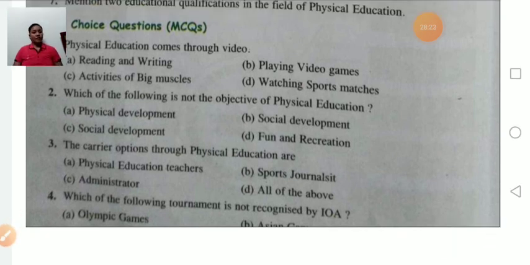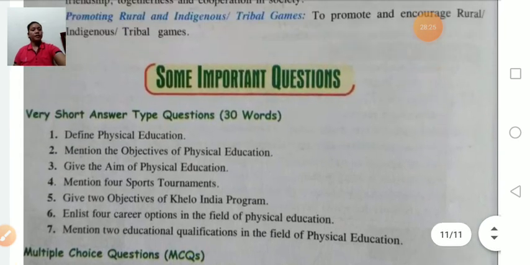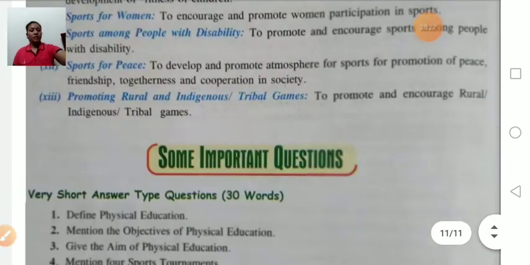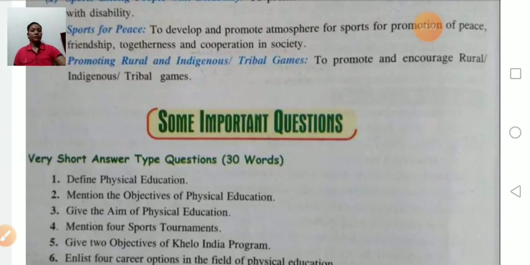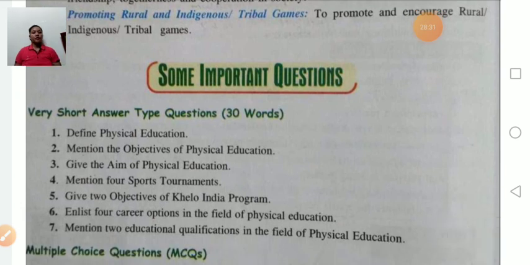Physical education means education through physical activity. Physical means any body movement or body actions. Education means knowledge, gaining knowledge or the process of learning, which helps to modify our behavior.